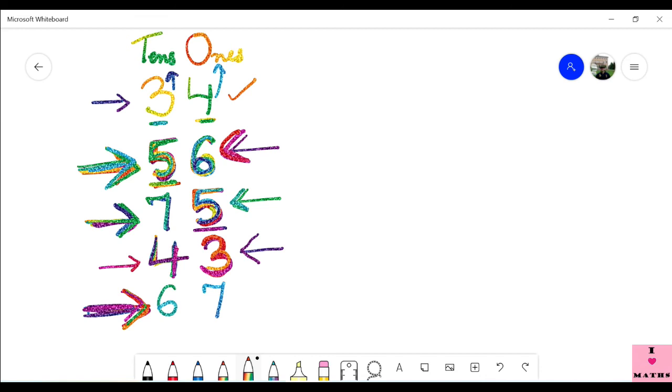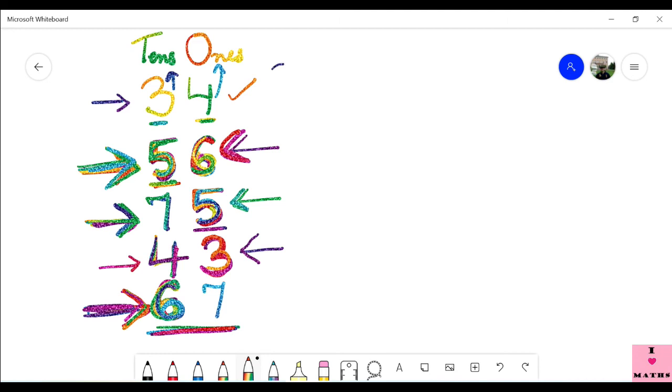So in 56, the place value of 6 is 6 ones. But look at 67. Here the digit 6 is at tens place. So the place value of 6 in 67 is 6 tens. I hope, children, you would have understood the meaning of place and place value.